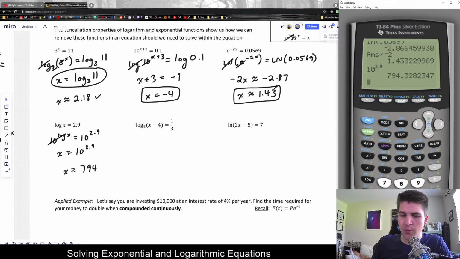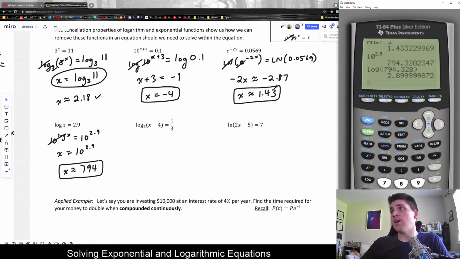And I could verify my equation is true by plugging it back in and seeing that log of 794 is about 2.9.